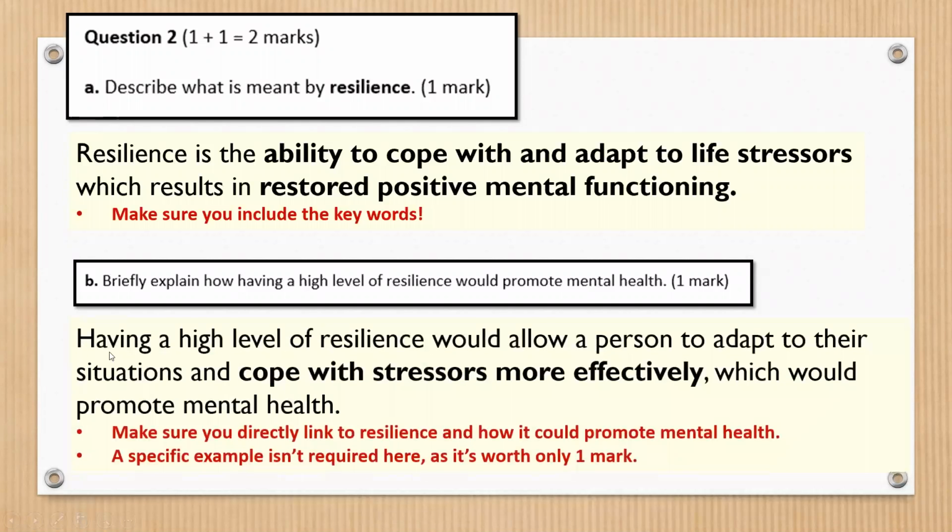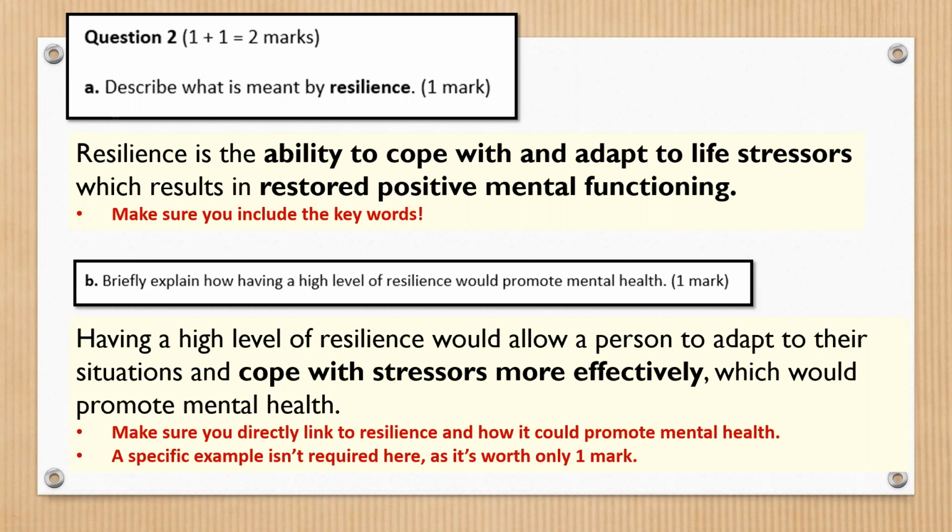So I've just written, having a high level of resilience would allow a person to adapt to their situation and cope with stress more effectively, which would promote mental health. Now we know that one of the components of the definition of mental health is the ability to cope effectively with stress. It's a state of well-being in which a person realizes his or her abilities, can cope effectively with stress, can work productively and fruitfully, and can make a contribution to their community.